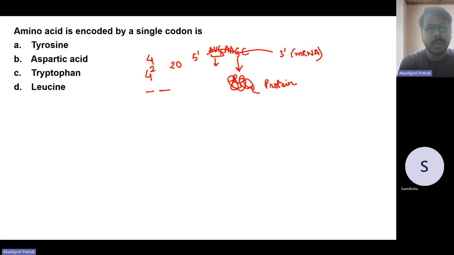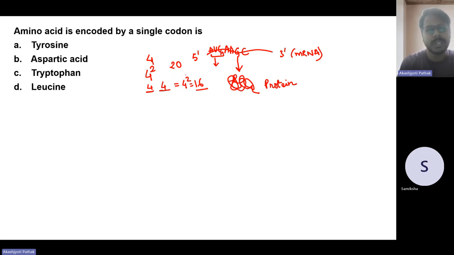Now if there are two nucleotides coding for proteins, how many different proteins would you get? In the first position there can be four different nucleotides, and in the second position there can be four different nucleotides. So there will be 16 different combinations of the four nucleotide bases. But there are 20 different amino acids.